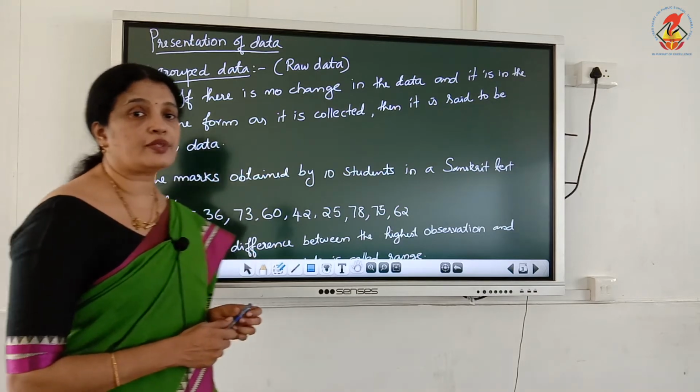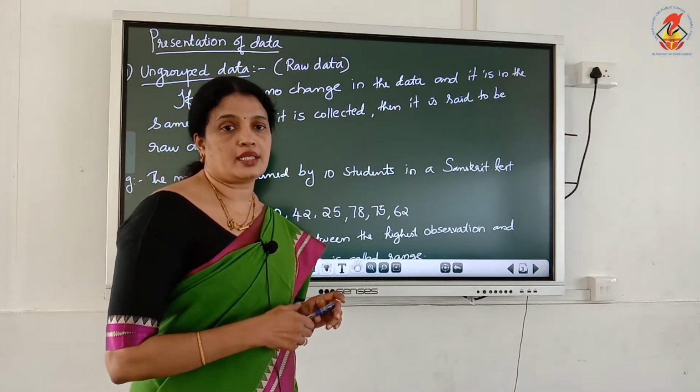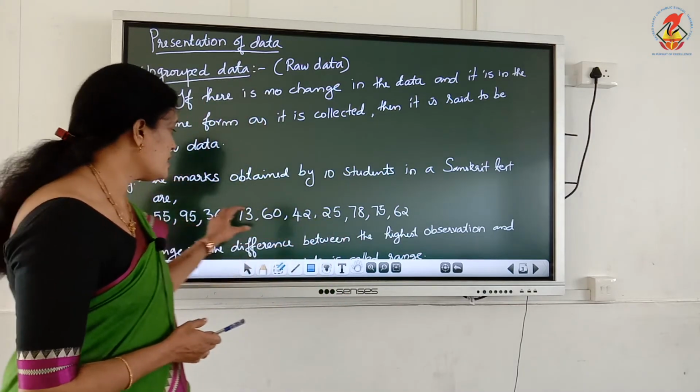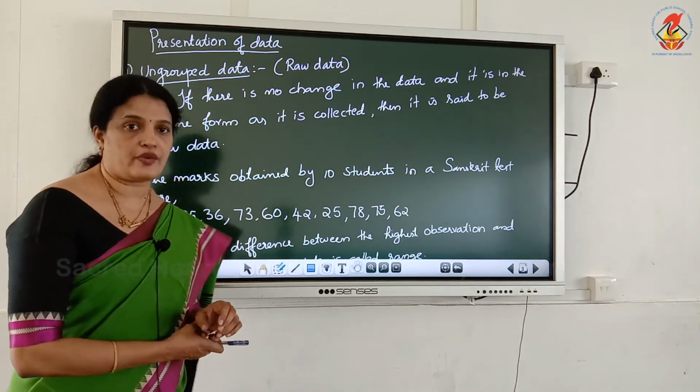Next, what is the range? You already learned range in the 7th and 8th standard. The range is the difference between the highest observation and the lowest observation. These marks are called observations.